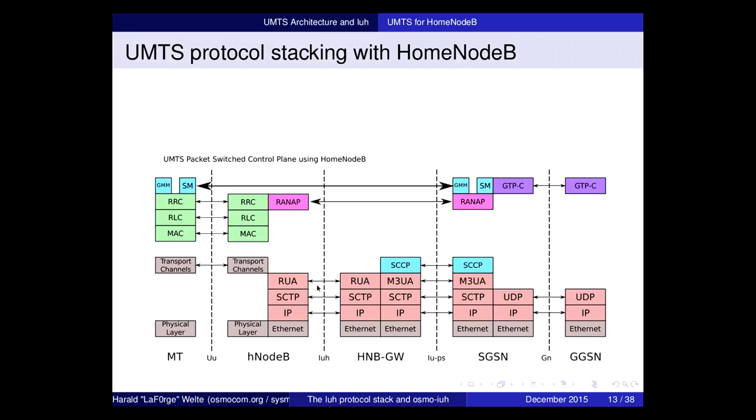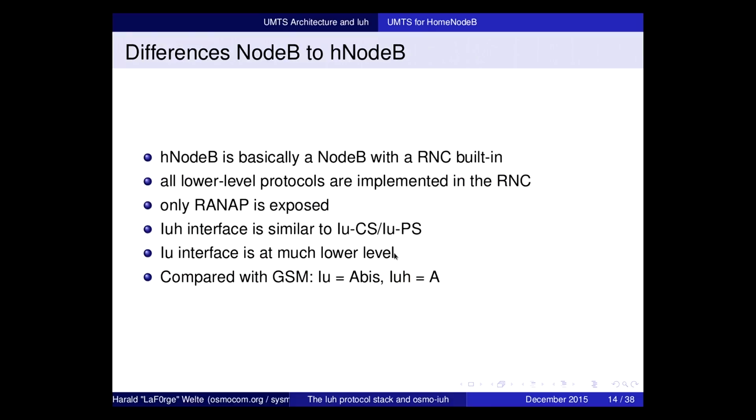This RUA is implemented in the home node B gateway, where it is replaced by M3UA and SCCP. And then the same RANAP message gets passed from left to right. So you could think of it like an IPv6 to IPv4 proxy, if that's an area that you're more familiar with.